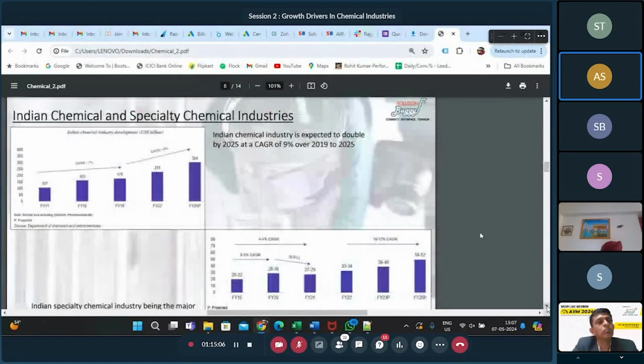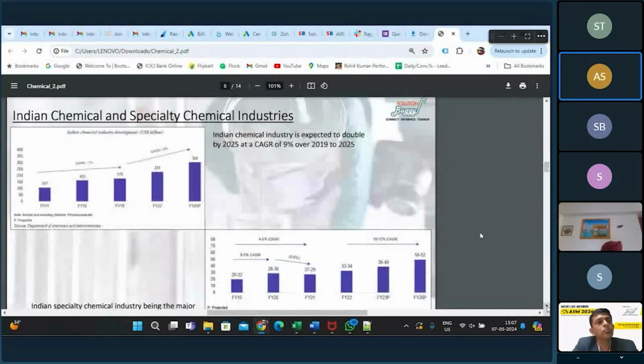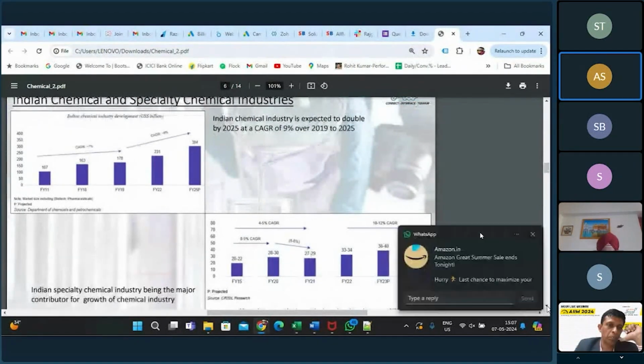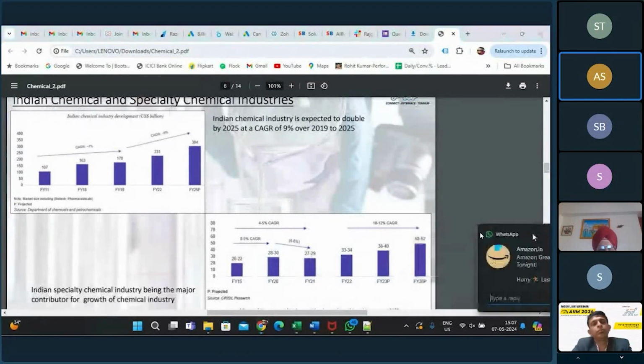So this is another data that we can see, particularly for the Indian chemical industry and Indian specialty chemical industry. While there is a growth seen in the chemical industry over the last so many years, there is almost 100% growth seen compared to the previous 5 years and the next 5 years.